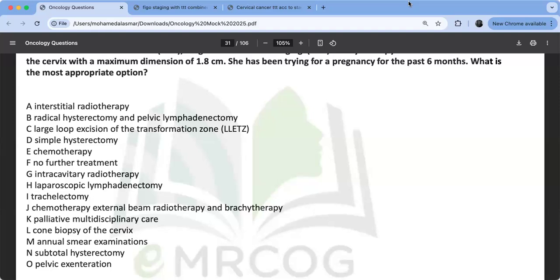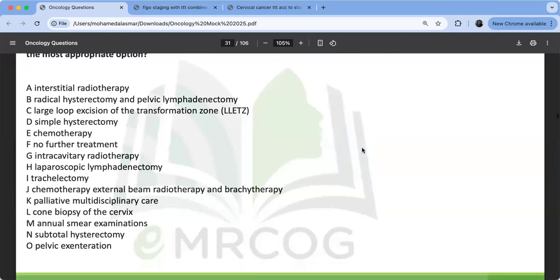Maximum dimension 1.8. Can anybody stage this case for me and tell me what the management is? She can have a fertility sparing option.